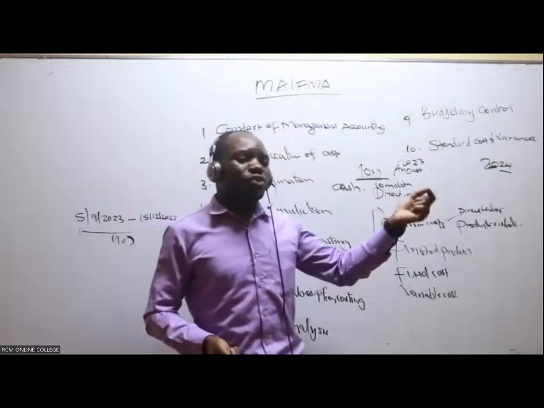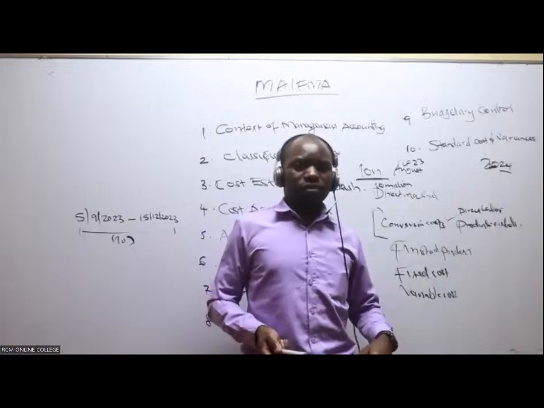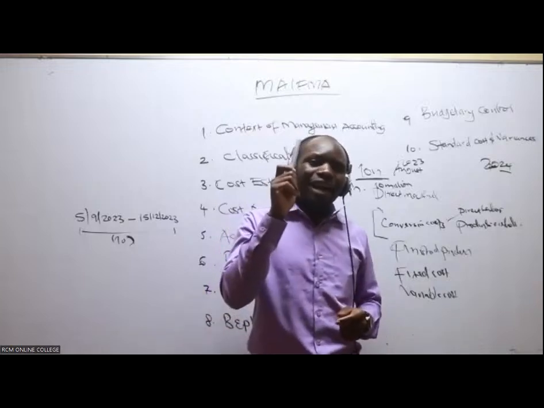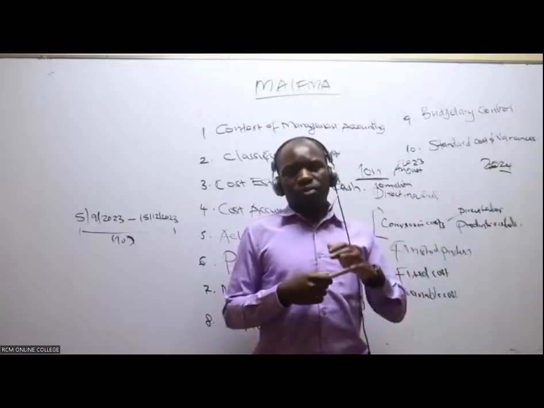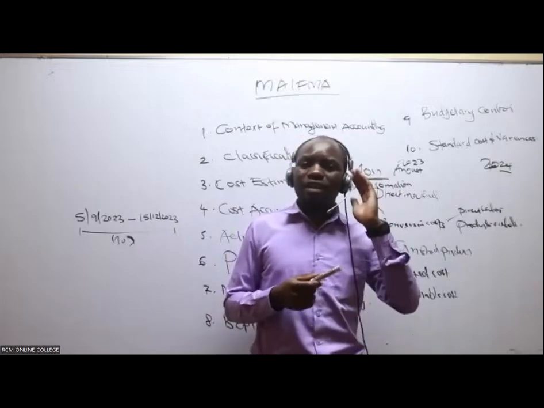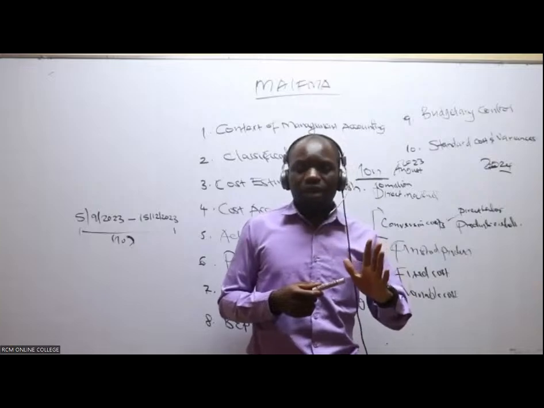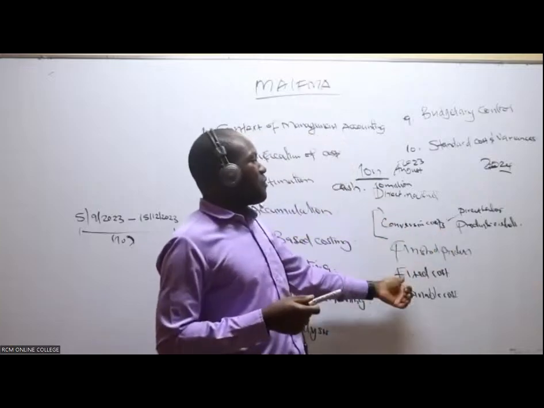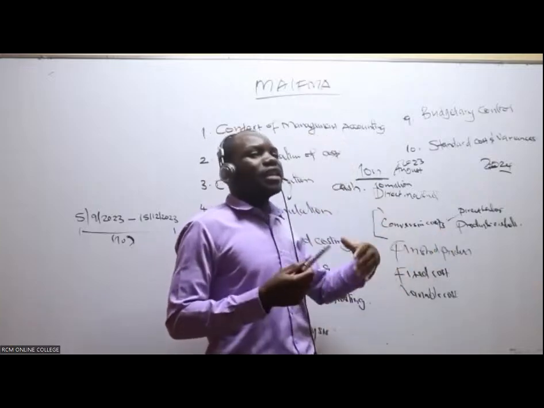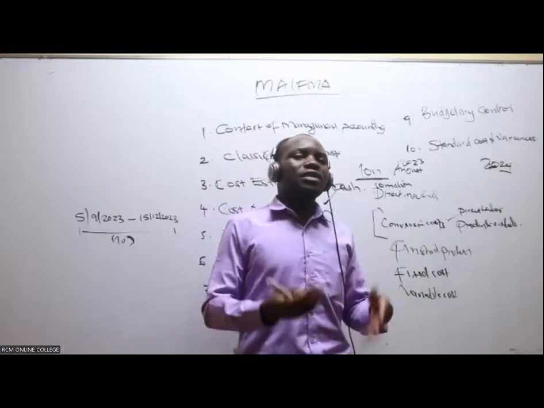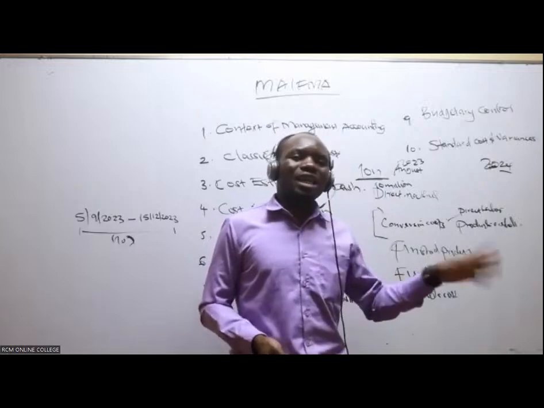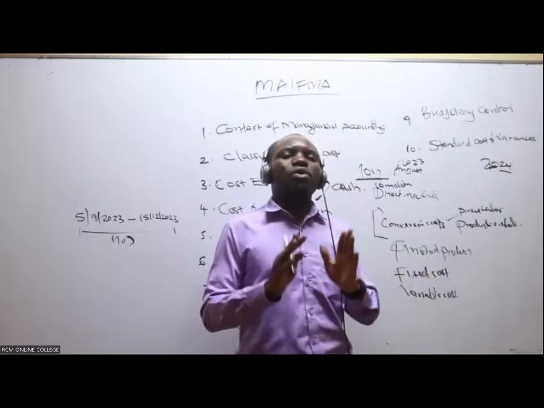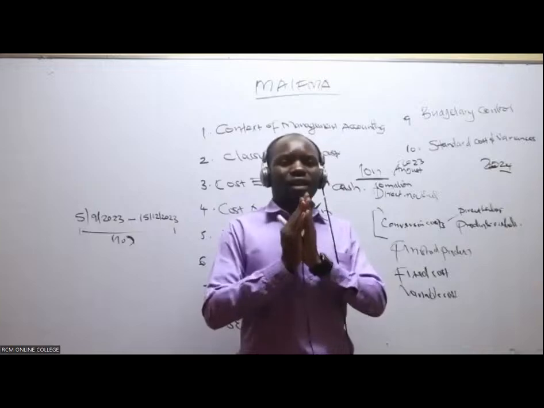Because it was used to reduce your profit, yet it is not a cash item, and that's why you are supposed to add it back for you to take your profit to the right place. That also applies here. If you have any expense that includes depreciation, a non-cash item, we have to deduct it from that expense, and then we'll be able to get the real cash.